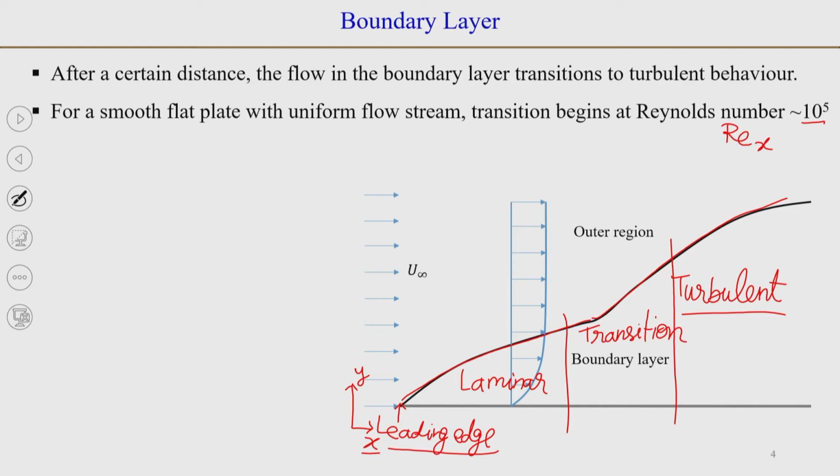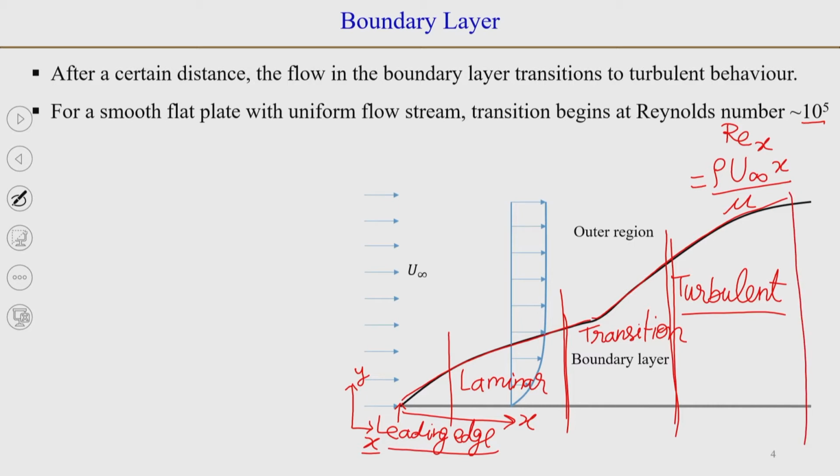But here, the Reynolds number is equal to rho u infinity x divided by mu, where x is the distance from the leading edge. As we go away from the leading edge, the Reynolds number grows. The Reynolds number at this point will be small, then it grows to a larger value here, even higher values here, and further higher values farther away.